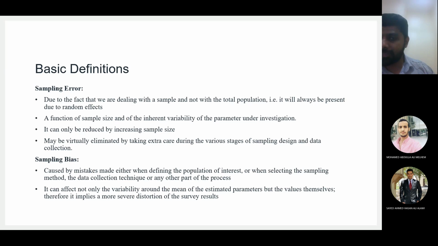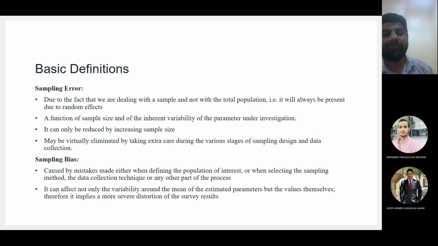Or people who belong to this category respond very easily, let me collect the sample from there. This will be bias. Or maybe the data collection technique was not good. You require data from the lower income group, but you are relying on online questionnaires. Or you require data from different education categories, but you are relying on online questionnaires. Then obviously the data will be biased. Or you made a mistake in any part of the process.